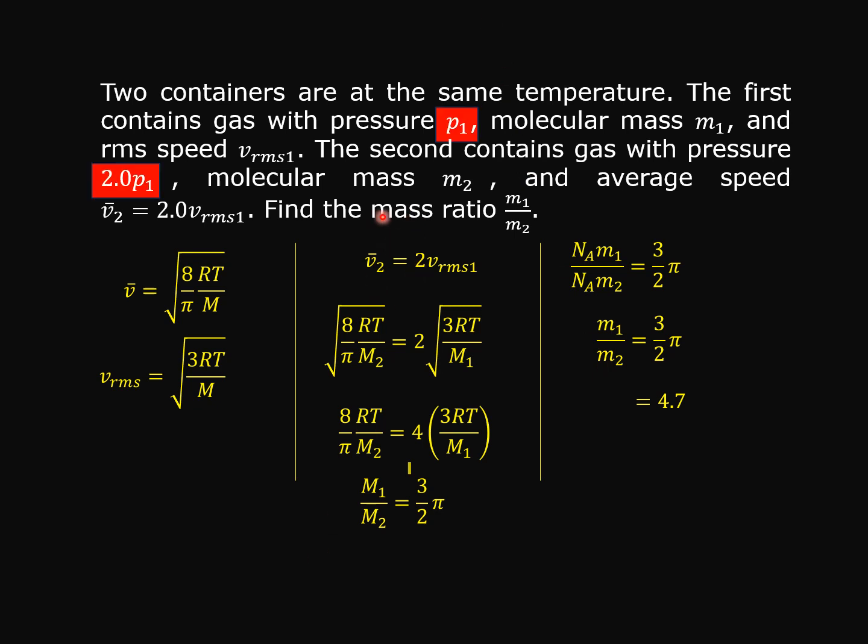Please take note that although the relationship between the pressures of the gases in the two containers is given, where the pressure in the second container is 2 times the pressure in the first, this information is not required for us to find the answer for this mass ratio.